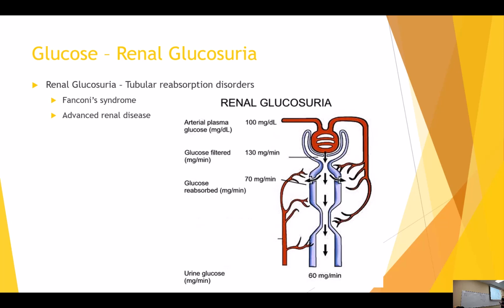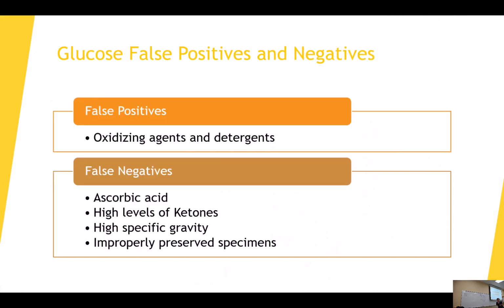Something's going on, and the body is unable to reabsorb the glucose at that level. So it only reabsorbs at the level of 70 milligrams per minute. And because of that, we're losing 60 milligrams per minute of sugar into the urine. So the proximal convoluted tubules just cannot reabsorb the sugar to the amount that it can when it's healthy.